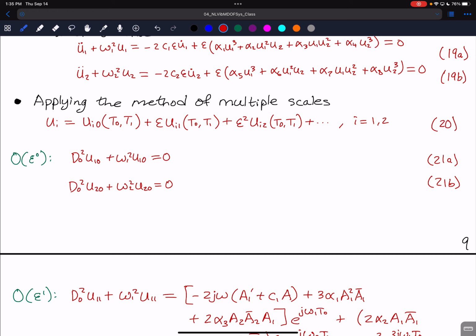We can go ahead and solve these equations. We'll get for u1 0, this is equal to A1, which is just a function of t1, times e to the j omega 1 t0 plus the complex conjugate. And then u2 0 is equal to big A2, function of t1, times e to the j omega 2 t0 plus its complex conjugate.